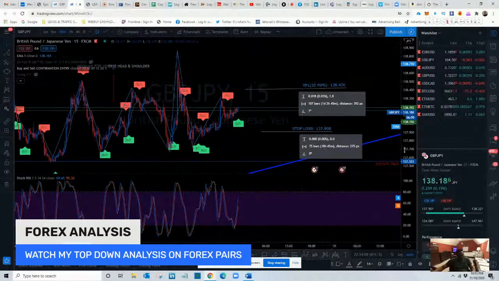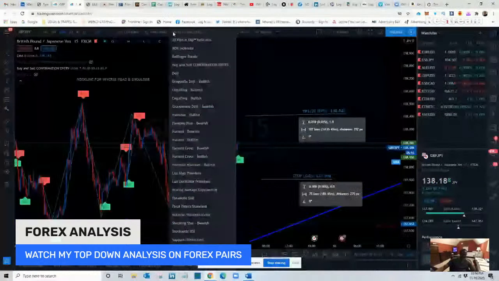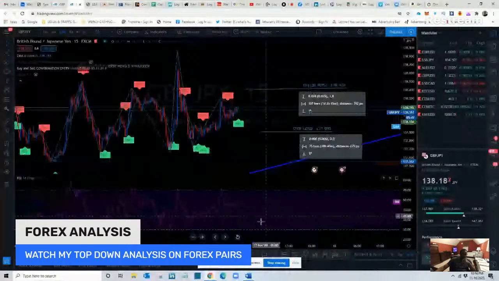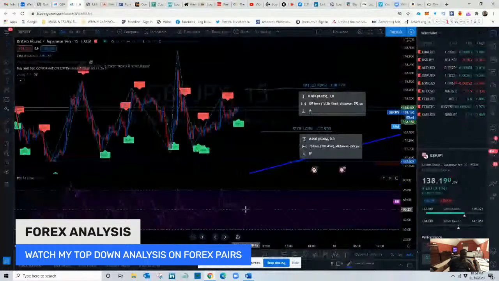Let me look at the relative strength index, the regular one. Yeah, see, it still looks like it's going to the upside. Let me mark this up and then we'll see where we're at. 50 line is here.